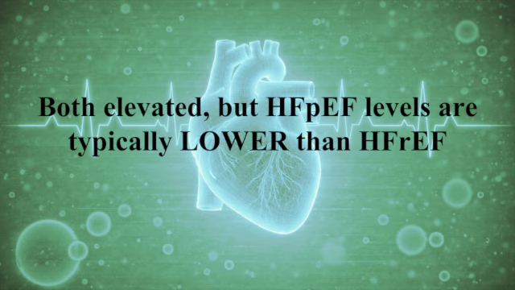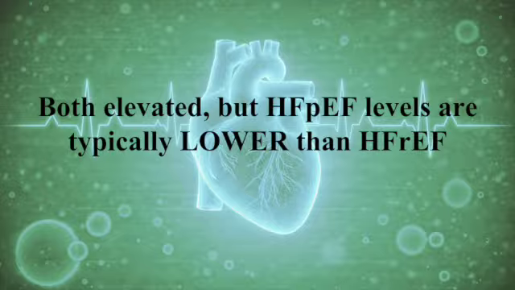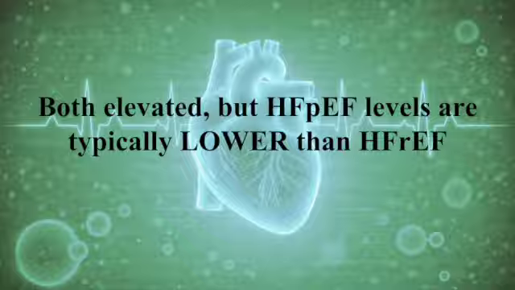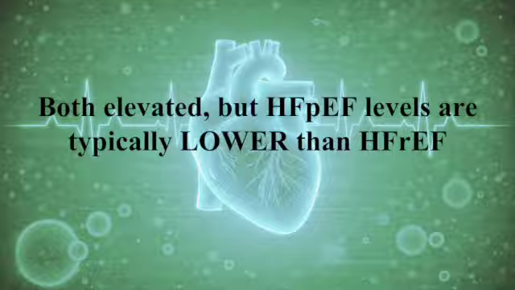Both HFpEF and HFrEF present with elevated BNP and NT-proBNP levels, but HFpEF typically demonstrates lower levels than HFrEF, with diagnostic cutoffs of BNP greater than 35 picograms per milliliter and NT-proBNP greater than 125 picograms per milliliter supporting the diagnosis.